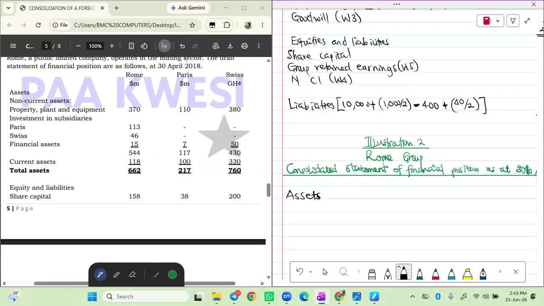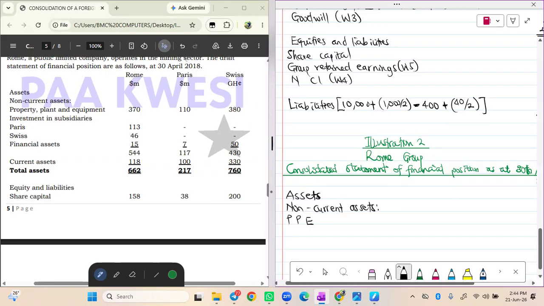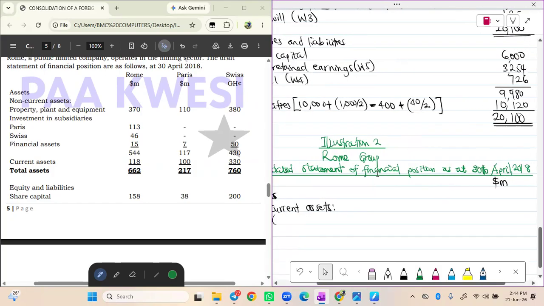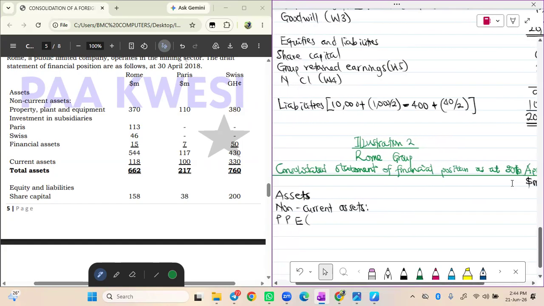With this one, the question started with non-current assets. So you do your skeleton with the help of the individual statements that have been given to you. PPE, in an examination, please write it in full: property, plant, and equipment. Now, the presentational currency for the group is in dollars.